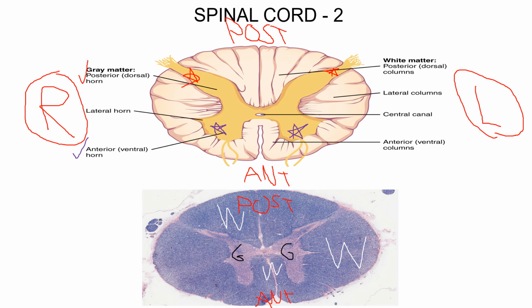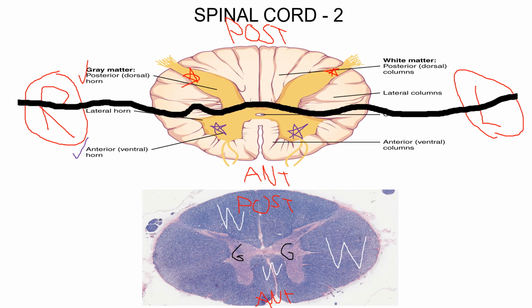So the front part of your brain helps you with movement. Same thing with the spinal cord. Let me separate this in half real quick. If we were to separate this in half, the front part of the spinal cord helps with movement as well. This is motor function. So front part of the brain, motor function, front part of the spinal cord, motor function.